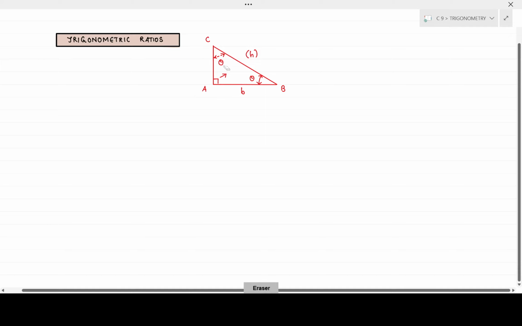It depends on which one is being considered. So the largest side is the hypotenuse, the other side connected to theta is the base, and the remaining third side will be considered as perpendicular.